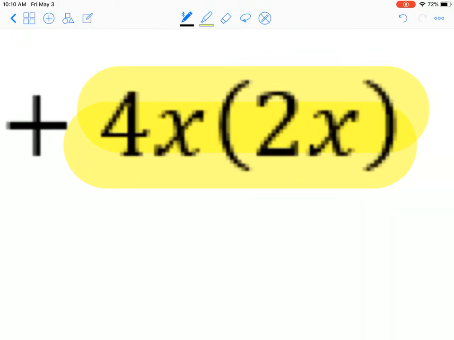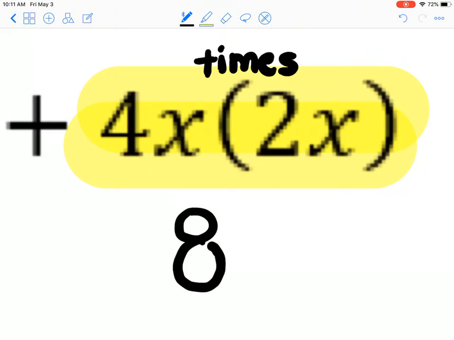And it is saying a positive 4x times a positive 2x. Remember that when two terms are pressed together, you're going to multiply the terms. So on your calculator or in your head, what is 4 times 2? Well, that's 8. And then x times x is x to the second power.